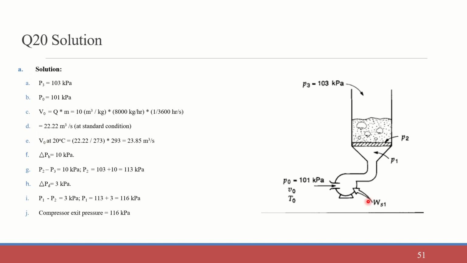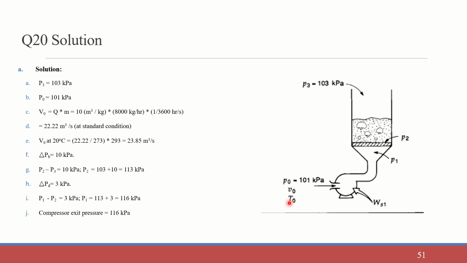We need V naught at 20 degrees Celsius, because T naught is at 20 degrees Celsius. So we get 22.22 into 293 divided by 273, which gives a volumetric flow rate of air of 23.85 meter cube per second.